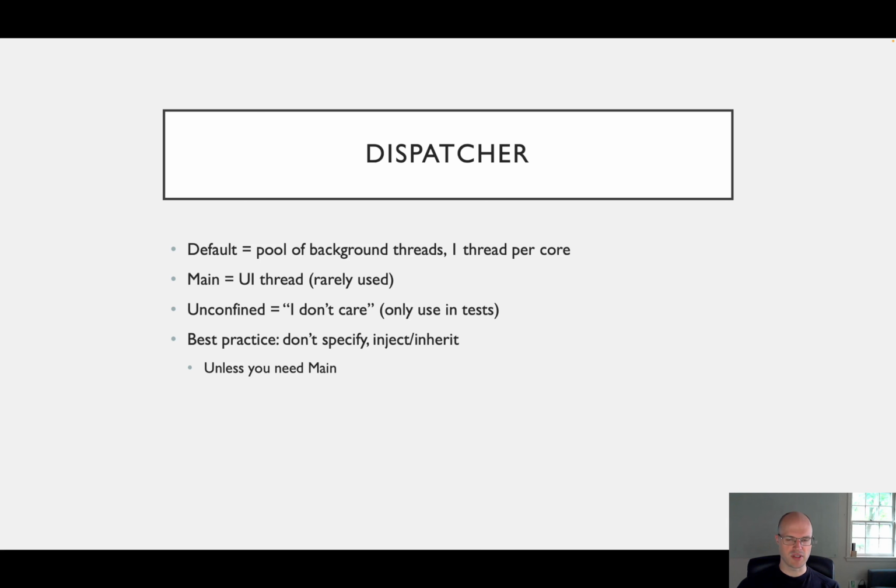I don't recommend using dependency injection to inject a main dispatcher. That doesn't really make sense. You can hard code that one. But other than the main dispatcher, try not to specify your dispatchers anywhere. Make them something that is overridable, basically. And the main reason for that is testing, which we'll talk about later.